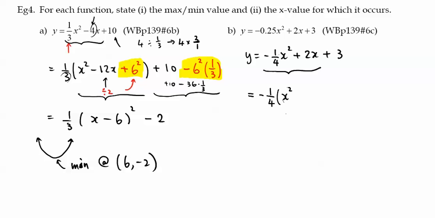If this is what we factor out from the first two terms, the plus will now turn into a minus. And the 2x, when you take out a quarter from it, it will now give us 8x.